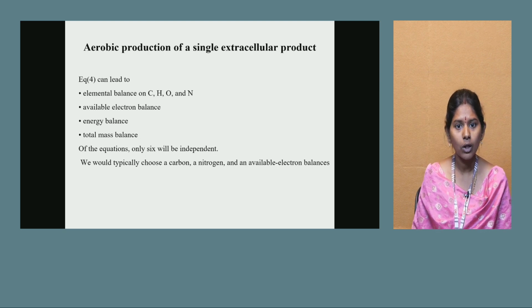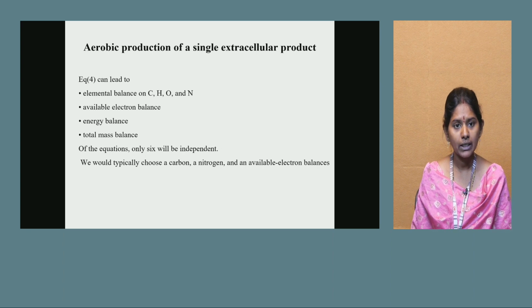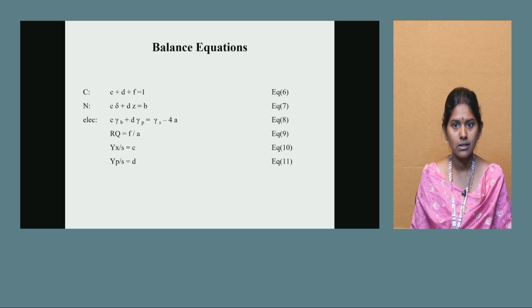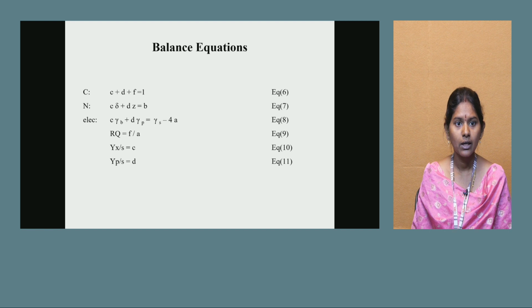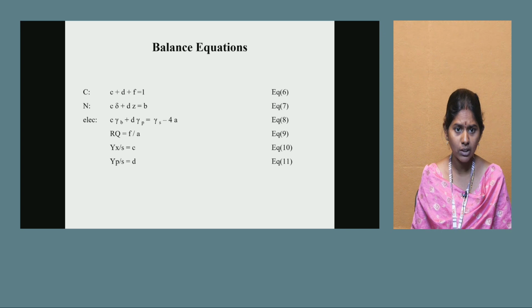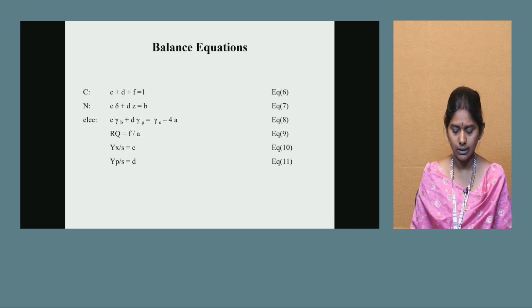Every equation is independent of each other, so we can calculate all the equations separately, and none of the equations are dependent on each other. These are carbon balancing, nitrogen balancing, and electron balancing. From these equations we can calculate the respiratory coefficient and the yield of the product and the biomass, that is Yxs is the biomass yield on substrate and Yxp is the product yield.